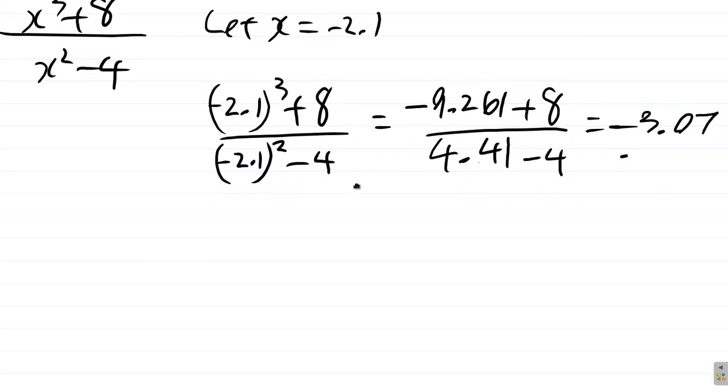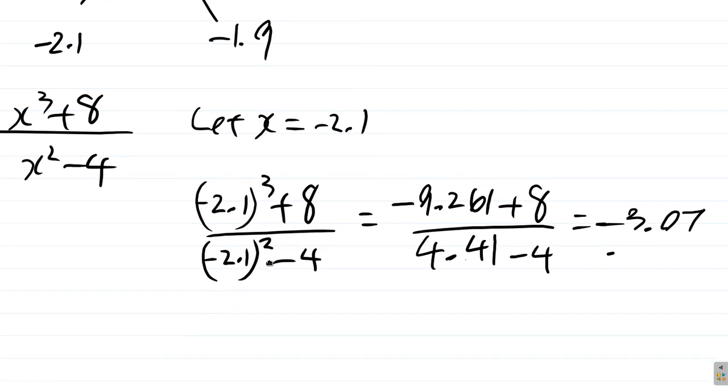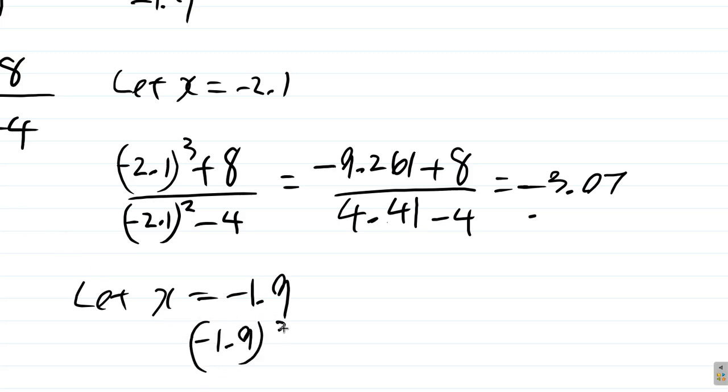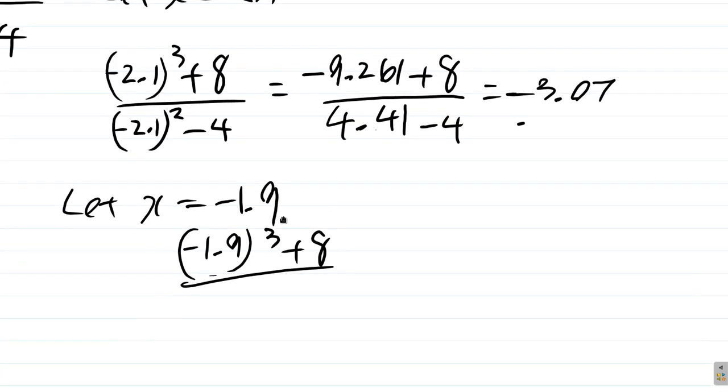And then let x equal negative 1.9. What we would have then is negative 1.9 cubed plus 8 over negative 1.9 squared minus 4. Alright.